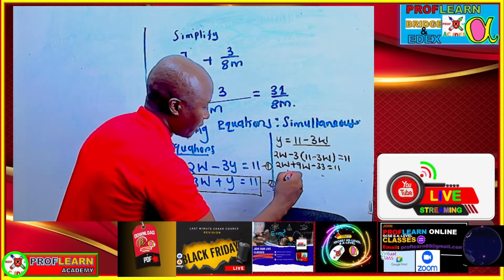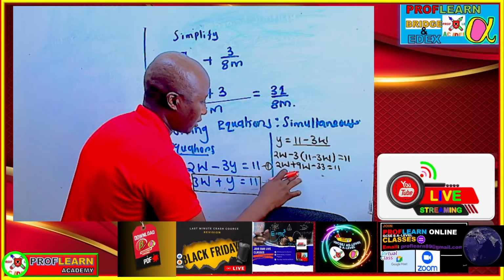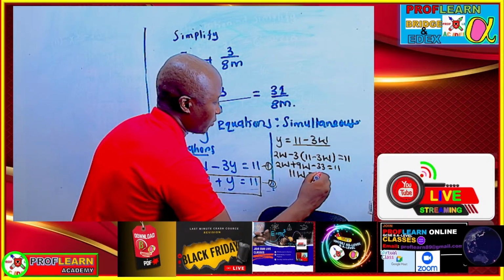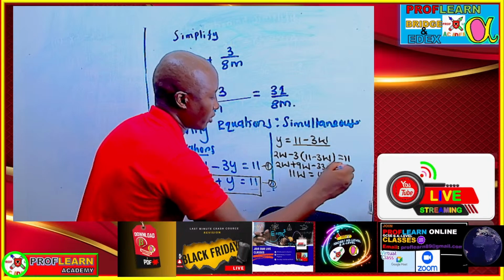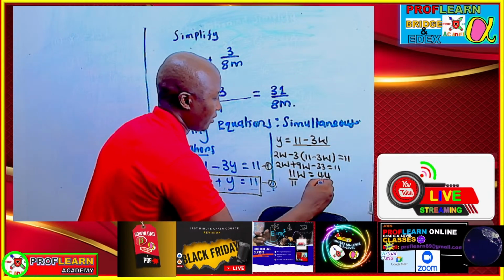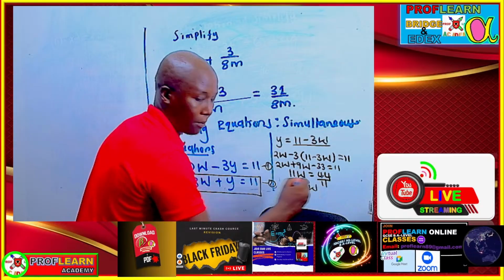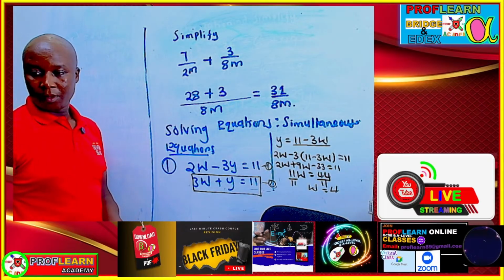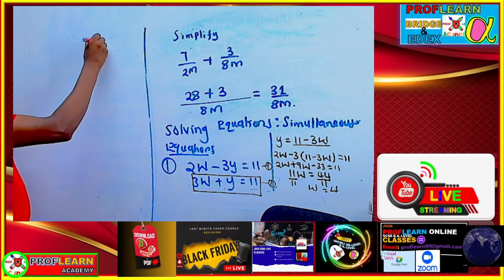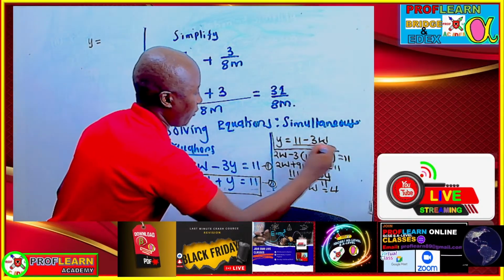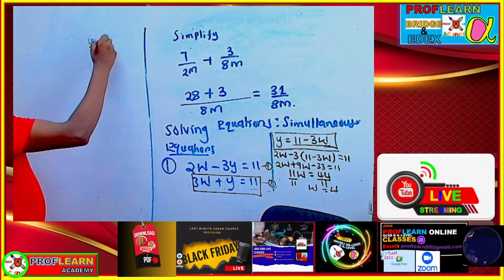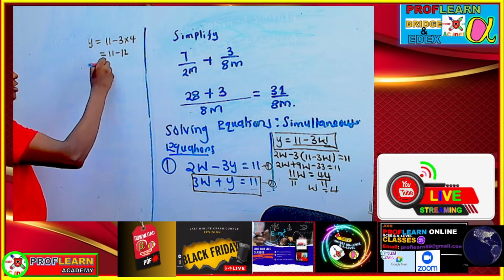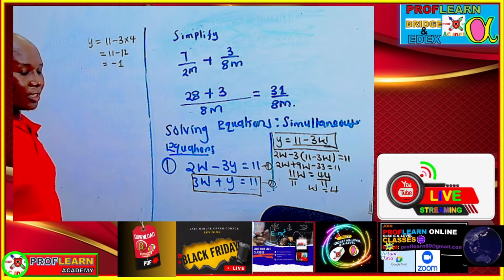So this is going to be 11w. 11w is equals to 44, because if this 33 goes on the other side, it becomes 44. Divide by 11, divide by 11, and we shall have our w being equals to 4. Then to get y, we are going to substitute w into y, so it will be 11 minus 3 times 4, and that is going to be 11 minus 12, and that is going to be negative 1. So y is going to be negative 1.